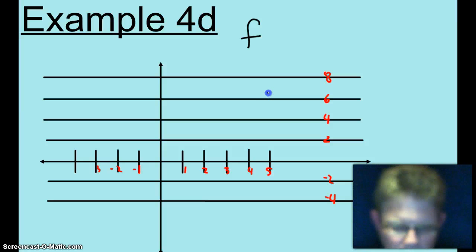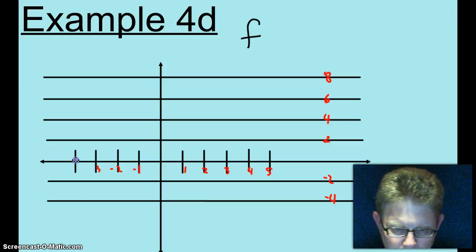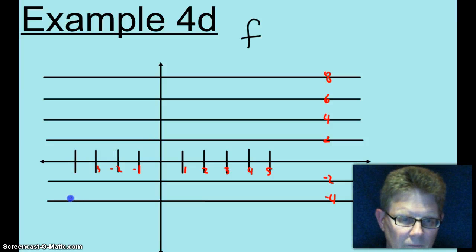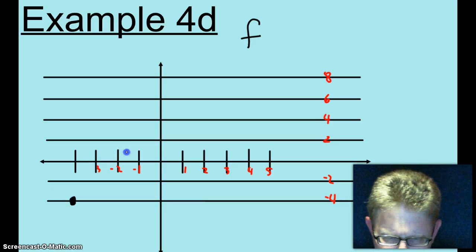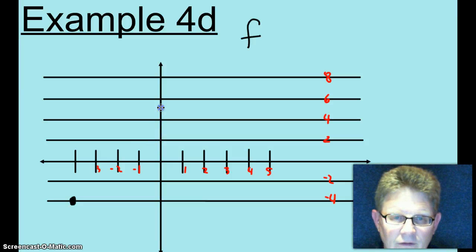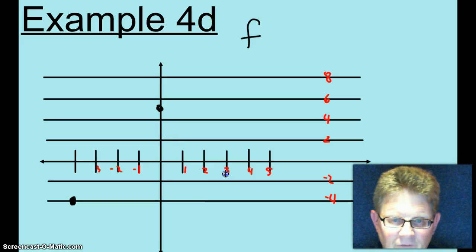We're given some points. F of negative 4 is negative 2. That's where we're going to start. F of 0 is 5, right there. And f of 5 is 8.